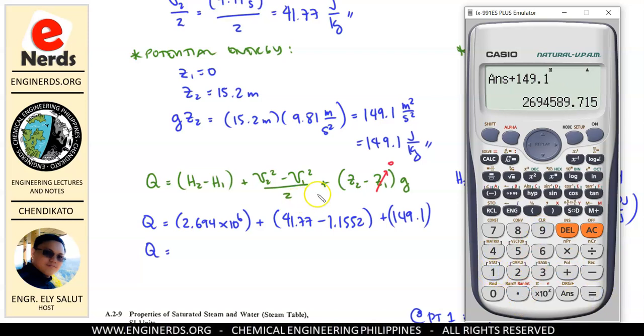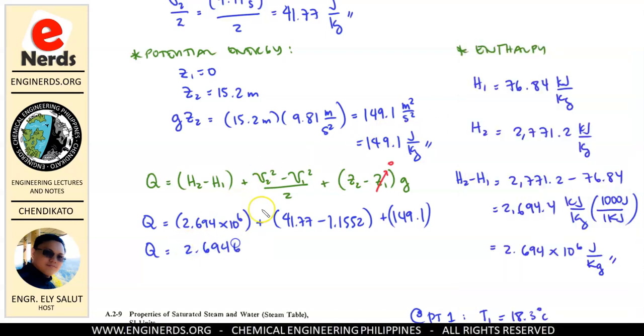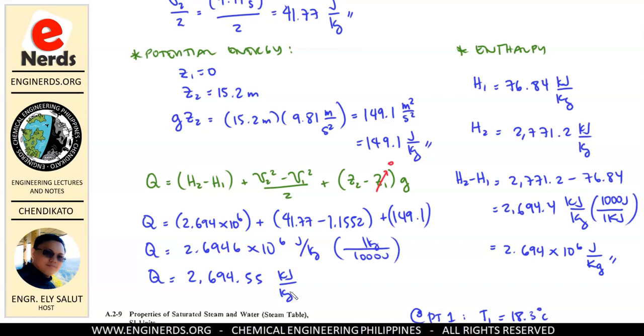So, we have 2.6946 times 10 to the 6 joules per kilogram. So, converting that to kilojoules, so 1000 joules in 1 kilojoule. So, our Q is equal to 2,694.55 kilojoules per kilogram. So, this is our answer to this problem, no?